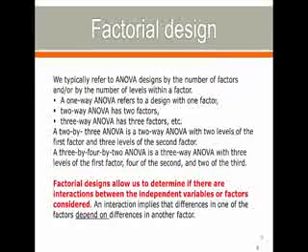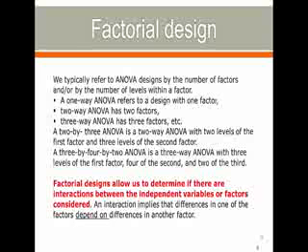We typically refer to ANOVA design by the number of factors and/or the number of levels within a factor. What we learned in the one-way ANOVA, we refer to a design with one factor. The two-way ANOVA has two factors, like in this case, price and advertising. The three-way ANOVA will have three factors.